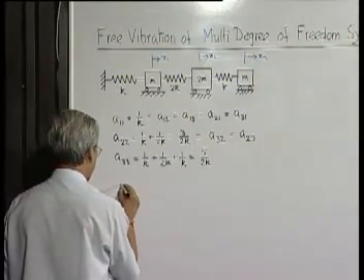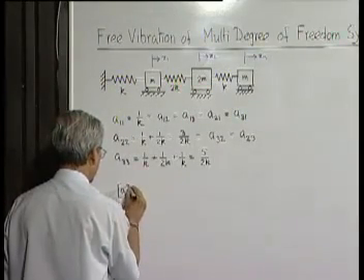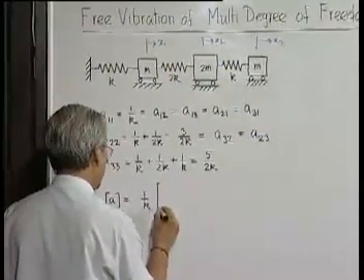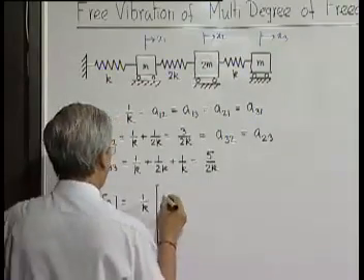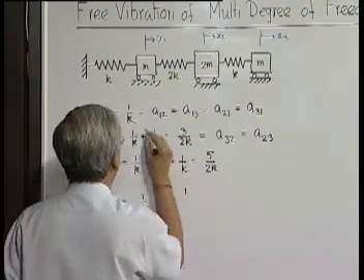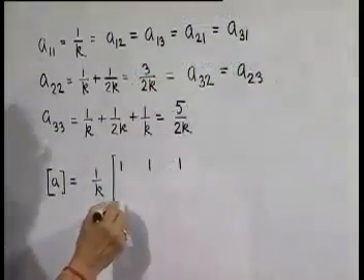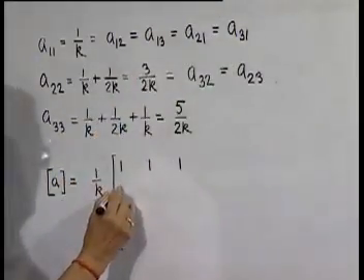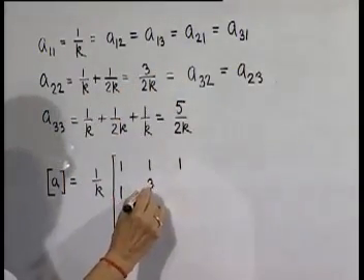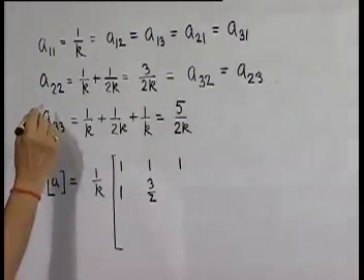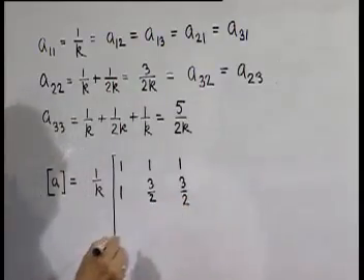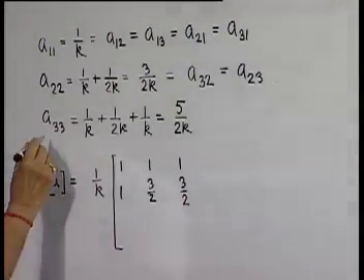So, A matrix can be written as 1 by k. A11 is 1, A12 is 1, A13 is 1, A21 is 1, A22 is 3 by 2, and A23 is 3 by 2.